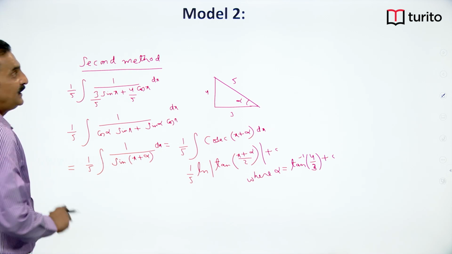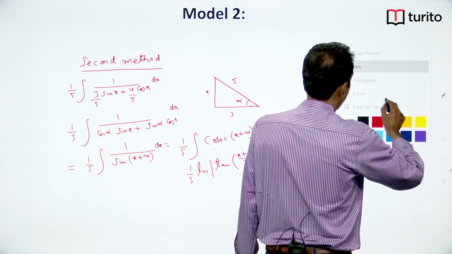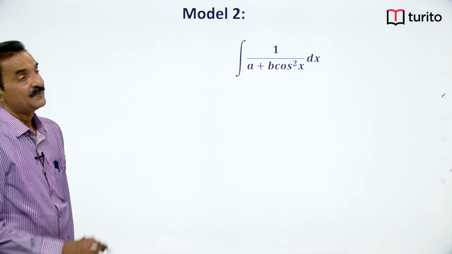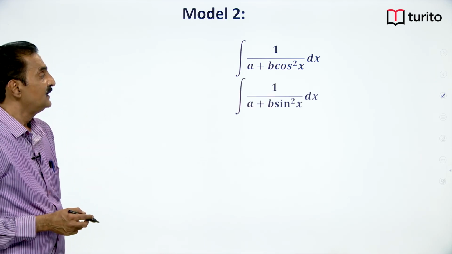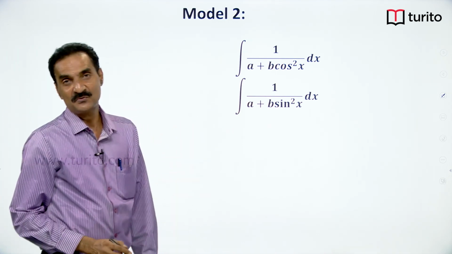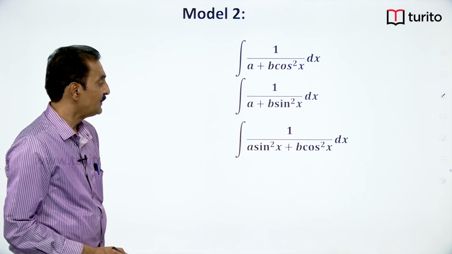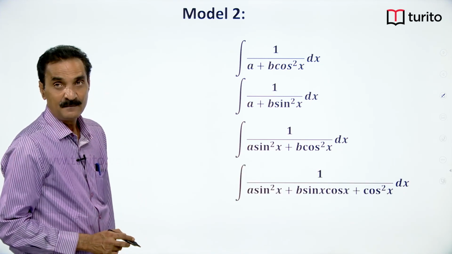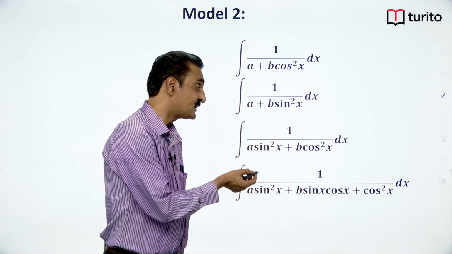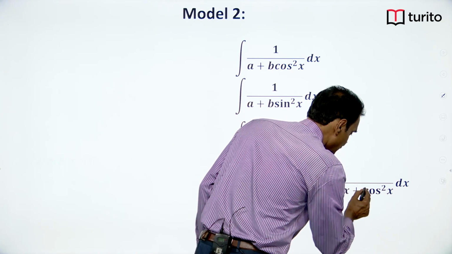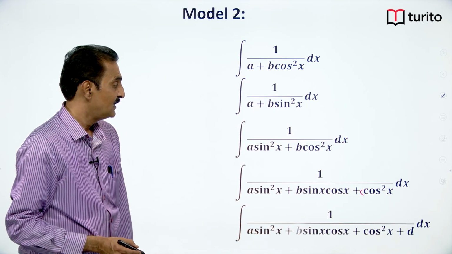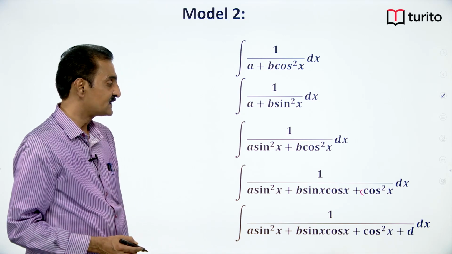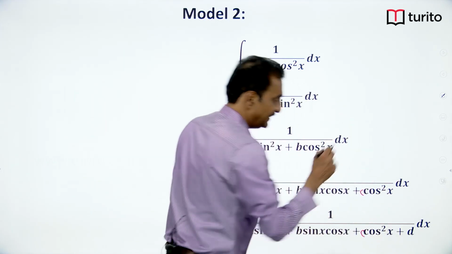Now, in integration of trigonometric functions, model 2: integral 1 by a plus b cos square x, integral 1 by a plus b sin square x, integral 1 by a sin square x plus b cos square x, integral 1 by a sin square x plus b sin x cos x plus c cos square x, or integral 1 by a sin square x plus b sin x cos x plus c cos square x plus d.